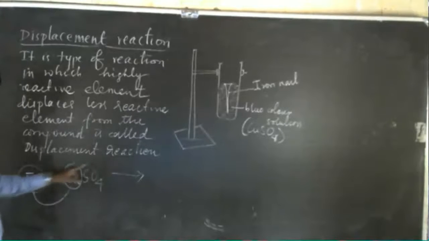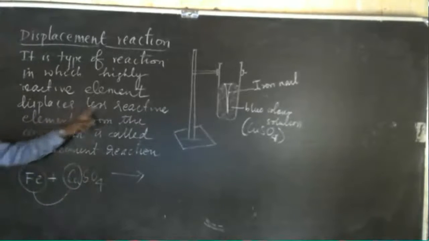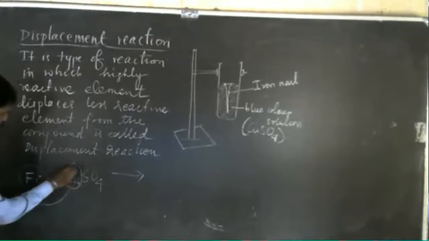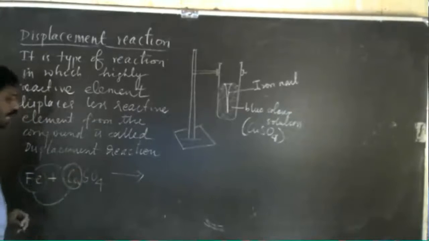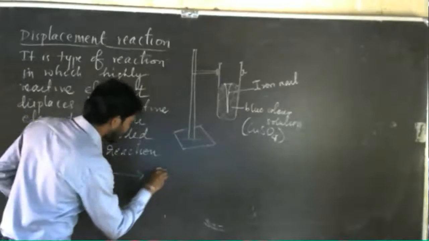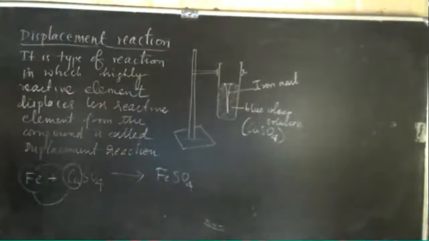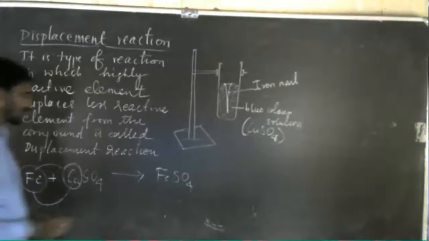That's why this is called a displacement reaction. Here, iron displaces copper from copper sulfate solution, the copper compound. Displacing a less reactive element from the compound is called displacement reaction. So iron is displacing copper, and in place of copper, iron comes in: FeSO4 is formed.